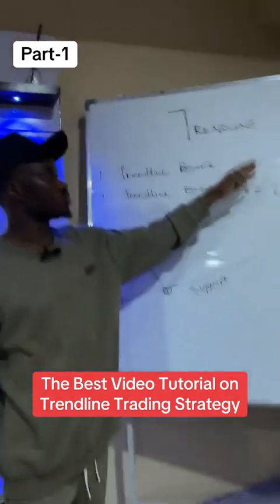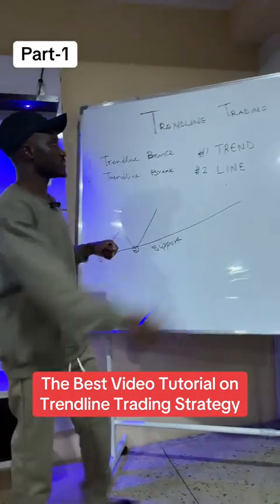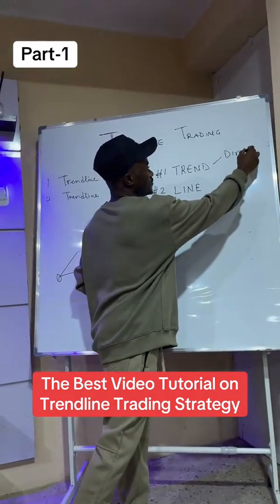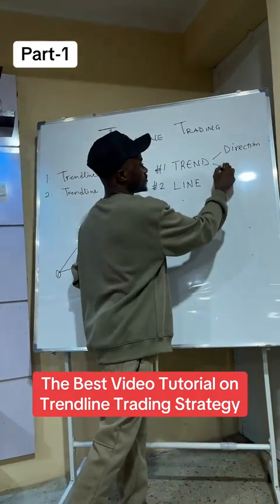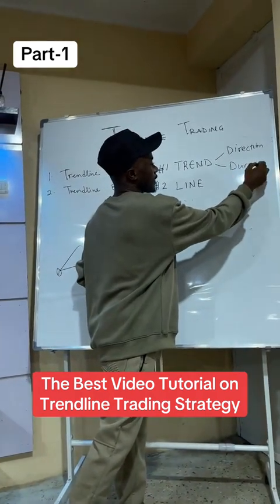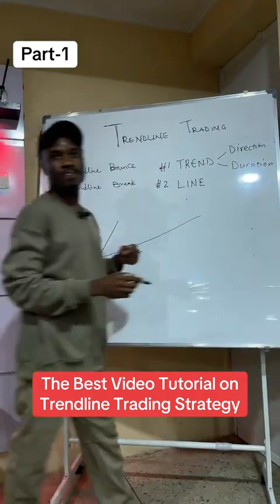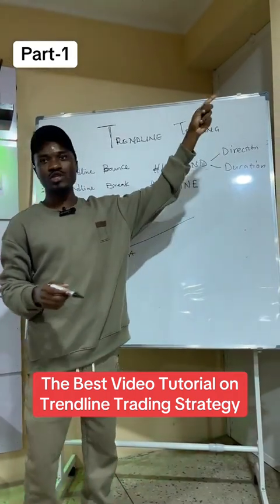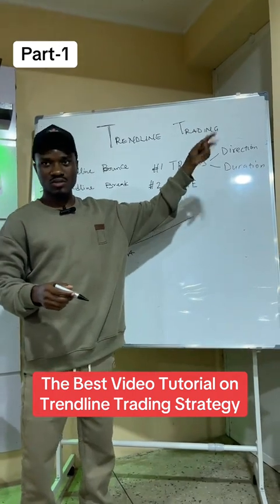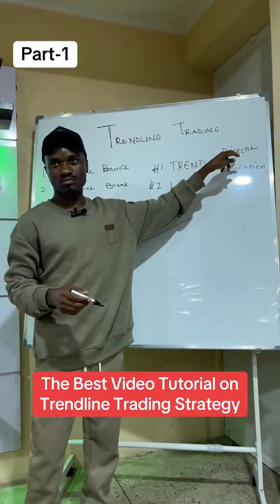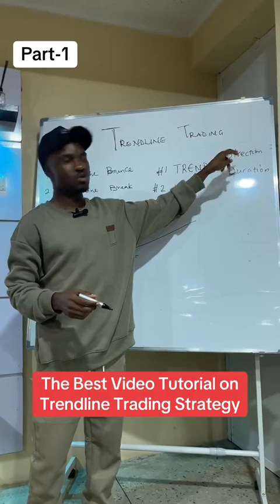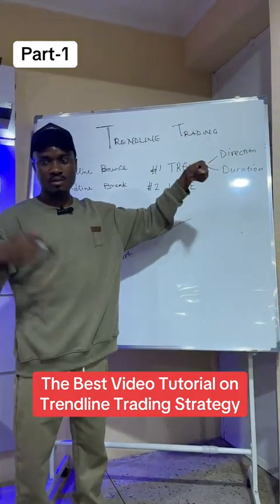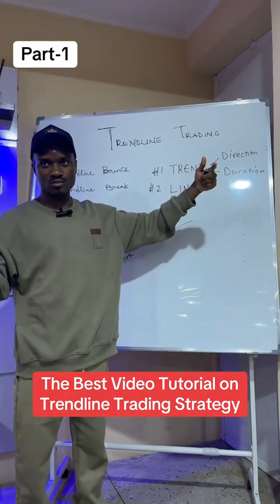For us to be able to trade Trendline the right way, we know we have direction, duration. Under this direction we have bullish, bearish, sideways, choppy market. Under this duration we have major, intermediate, minor, internal swings.